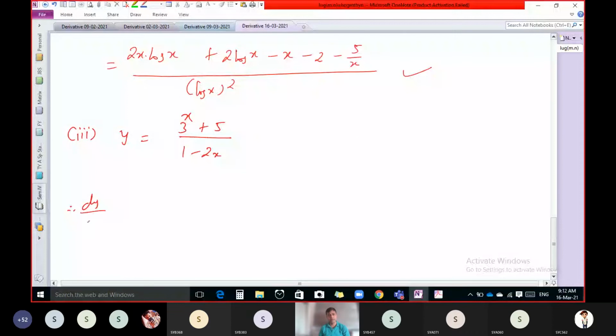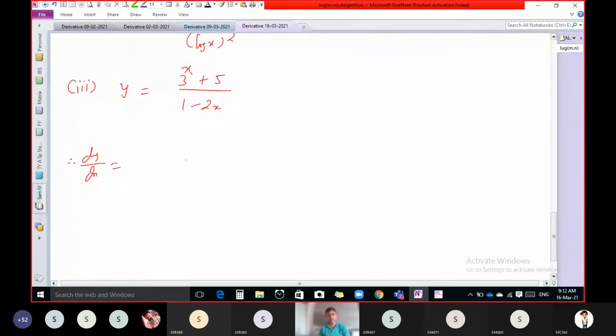Let us start. dy by dx. Use the u upon v rule. 1 minus 2x the whole square, 1 minus 2x. Now the derivative of 3 raised to x plus 5.